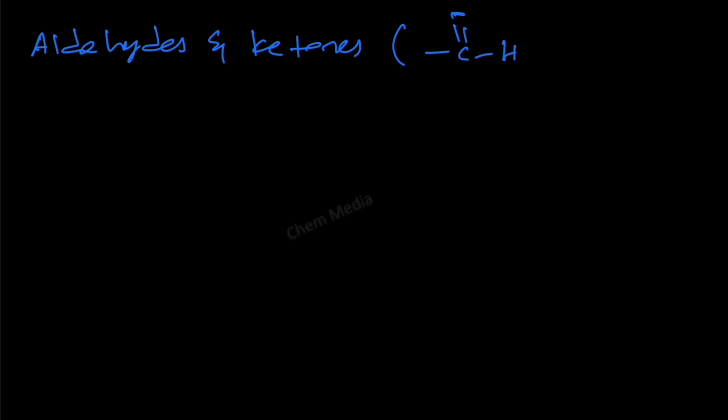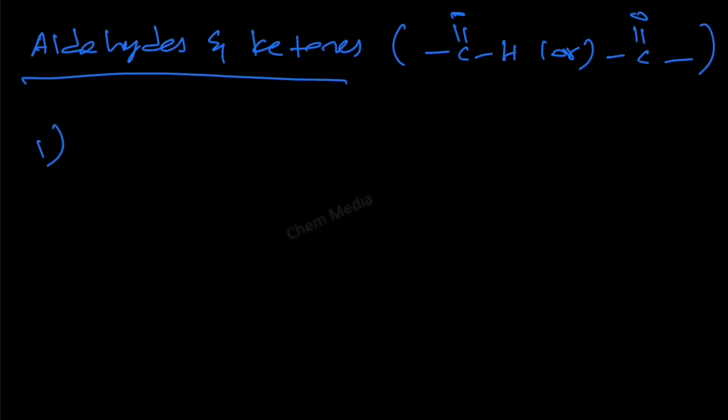We are going to divide the isomers in terms of functional groups. Let us first write down aldehydes and ketones, so that is somewhat easier to remember. Aldehydes or ketones.